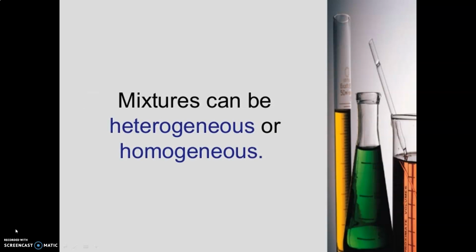Okay, mixtures can be categorized under two categories. They can be either heterogeneous or homogeneous. The word homo means similar, okay, and hetero can be termed as different. Homo means same, right, and hetero different.